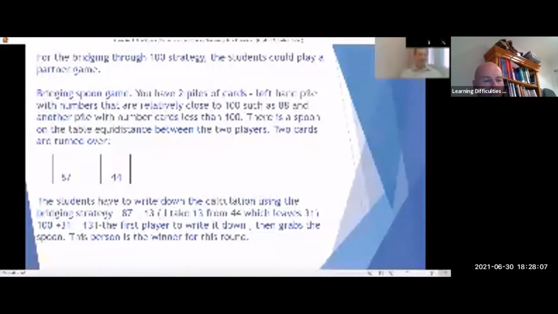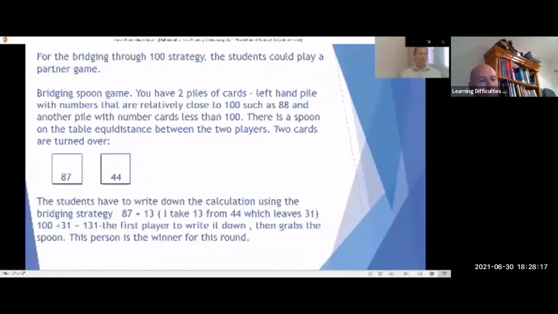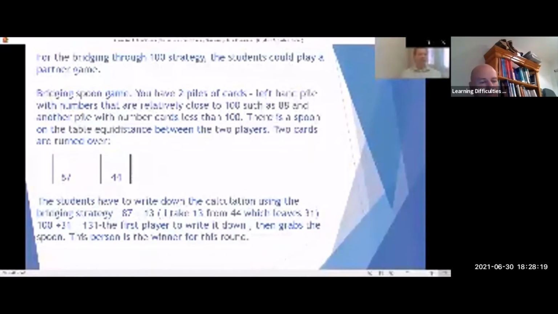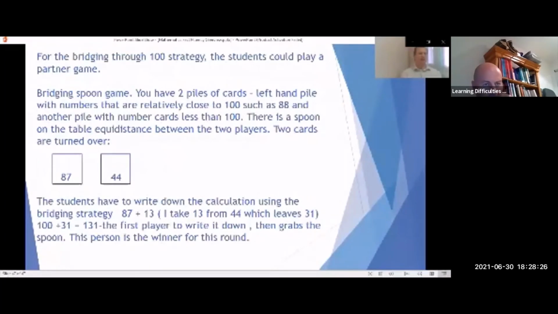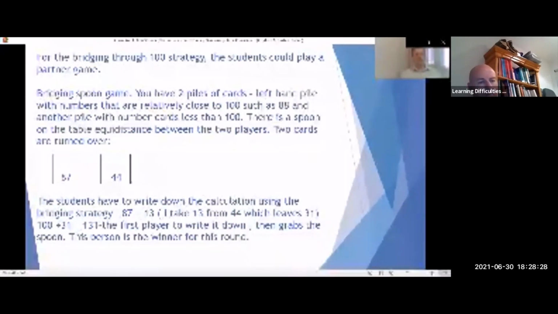So we're going to bridge through 100 from the 87. We take 13 from 44, add the 13 to the 87 to make 100, and then we're left with 31 from the 44. So it'll be 131. The student who writes it down and grabs the spoon is the winner for this round.